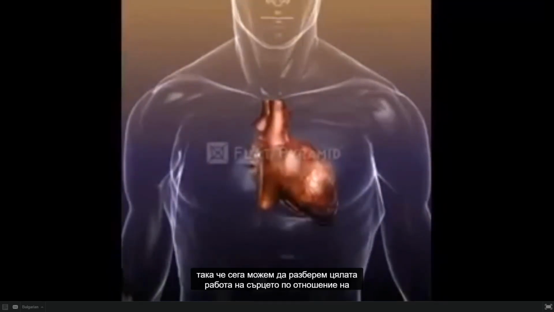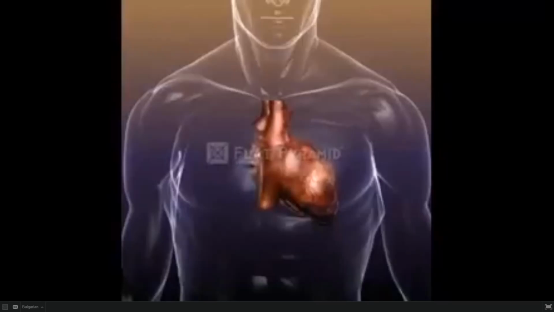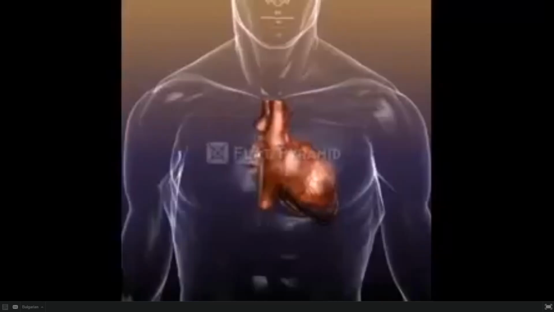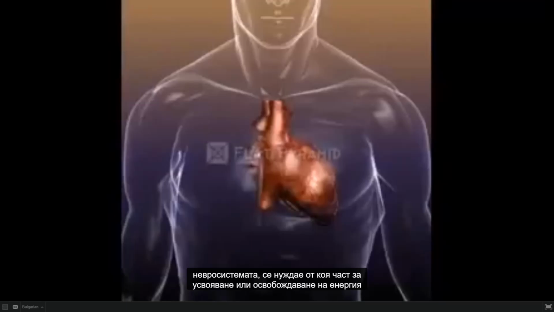So now we can understand the totality of the work of the heart in respect to the rest of the body. Because this is part of the total circulation, your blood vessels dictate how information which has come from the brain through the neural system needs to absorb or release energy, like for your muscles or for your liver or whatever.